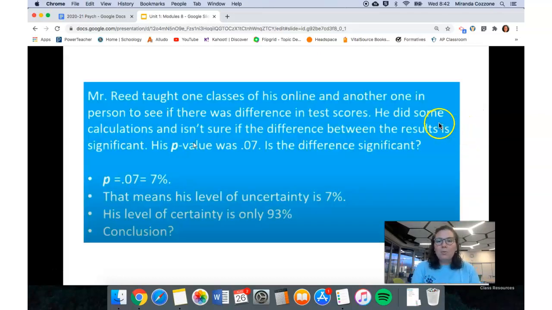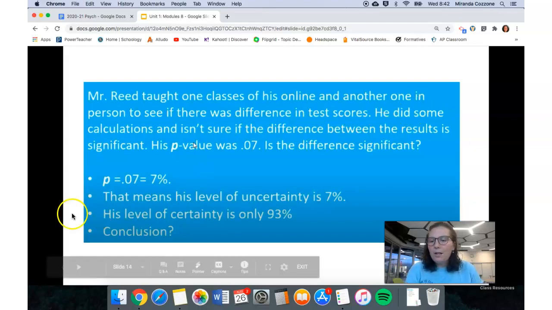So while Mr. Reed has a high level of certainty, it's not high enough in order to be statistically significant, okay? So do know that, and try not to get the p-value, which is 0 through 1, confused with correlation. And remember, correlation is between -1 and 1. So we'll do some practice with that, but make sure that you know your correlation score scale and you know your p-value scale, okay? All right, thanks everyone.